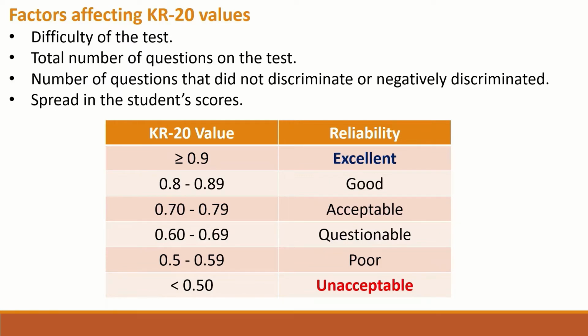A test is questionable in reliability when the value ranges from 0.6 to 0.69. A value of 0.5 to 0.59 is considered poor reliability. And an exam that has a KR20 value of less than 0.5 is considered unreliable or unacceptable.